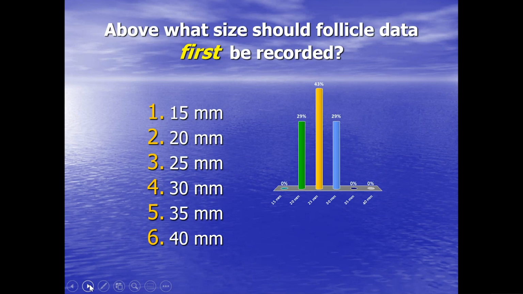Let's have a look then at what people voted for when I was here. 15 millimeters. 20 gained a bit of support. Look, 29% of colleagues said they would begin to record the follicle once it was over 20 millimeters. The majority, 43%, over 25 millimeters. A percentage over 30 millimeters, none at 35 and none at 40, as you might expect.